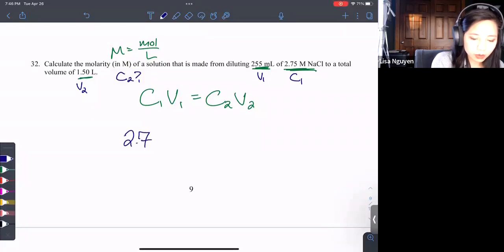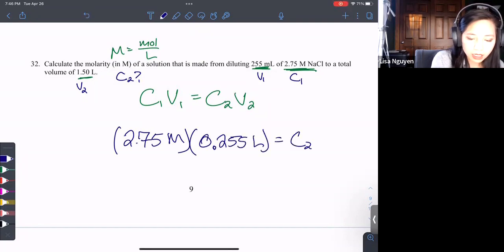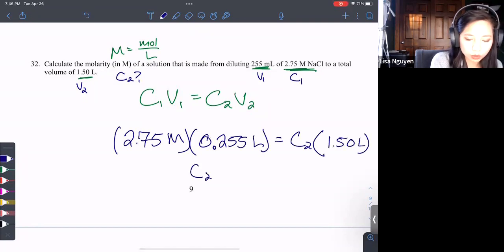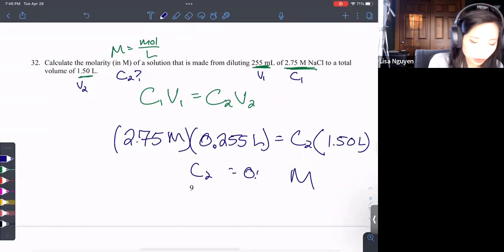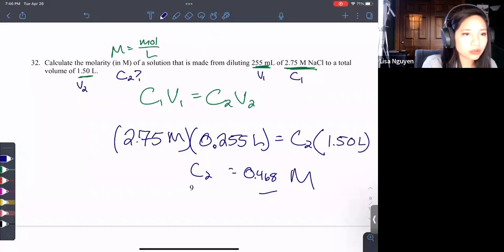So this is going to be 0.75 molarity times V1. I'm just going to put that into liters. So 255 liters equals C2. That's what I'm calculating, and times 1.5 liters. All right, and C2 will have the unit of molarity, and the answer is 0.468. 3 sig figs is sufficient. Everything has 3. All right.